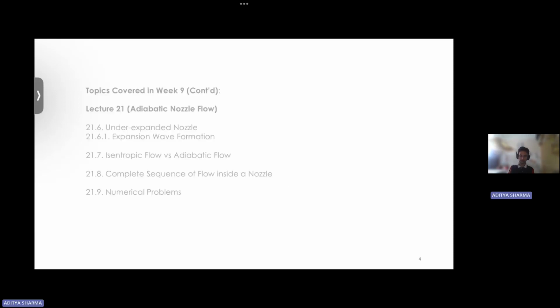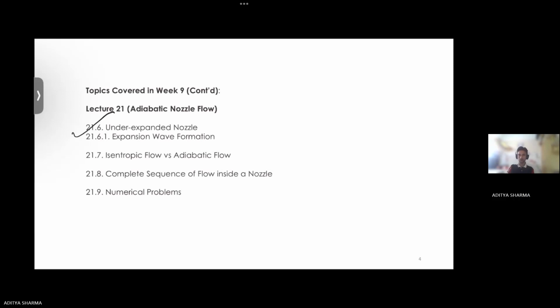And then there is another case, the under expanded nozzle, with these adiabatic nozzle flows. In that case, your exit pressure is greater than the back pressure.